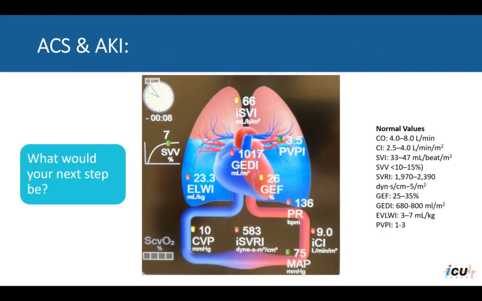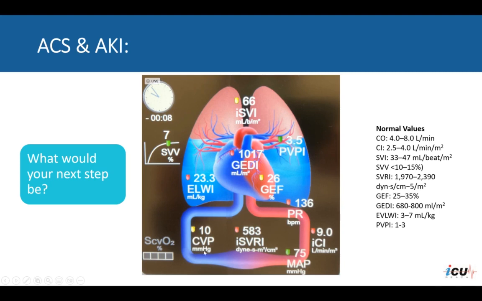So again, we evaluate the preload. Preload is evaluated by the global end diastolic index, which is clearly higher than 700 here. The stroke volume variation is 7%, and the stroke volume index is 66. We do not have preload problem.